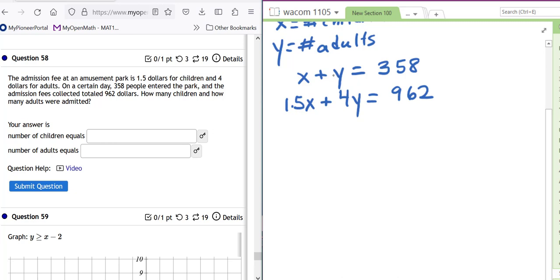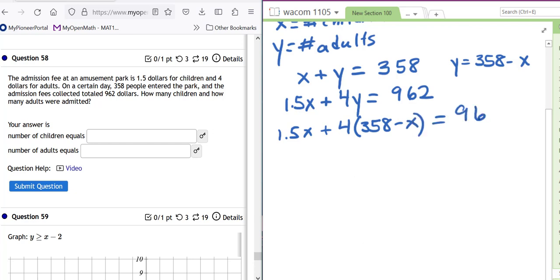So if I'm going to isolate the Y here, I'm going to subtract the X. So Y equals 358 minus X. Right? And I did it backwards. I should have gone the other way. I was trying to avoid that decimal. All right. So instead of my Y, using parentheses, 358 minus X. And then we're good.